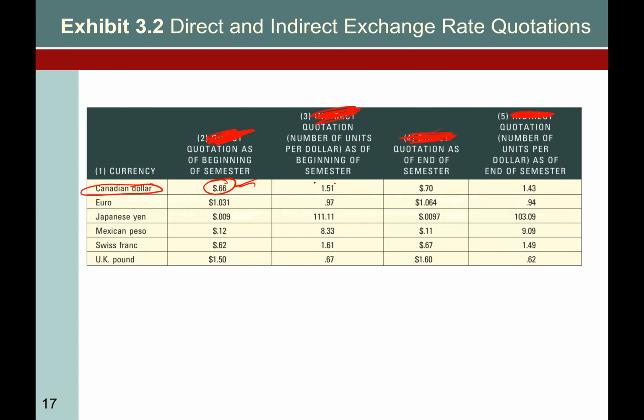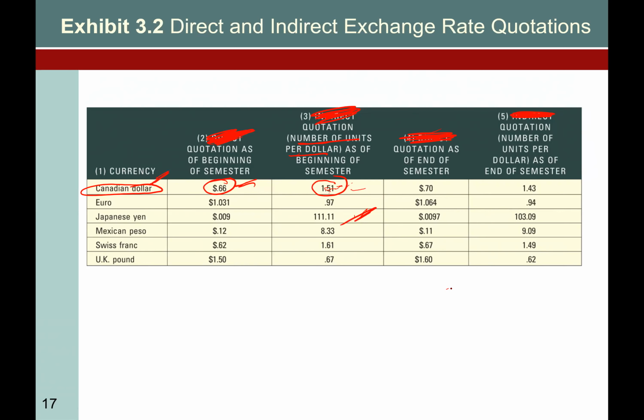The indirect is 1.51, basically the units per dollar. So if you sell $1, you would be selling 1.51 Canadian dollars and receiving $1, right?